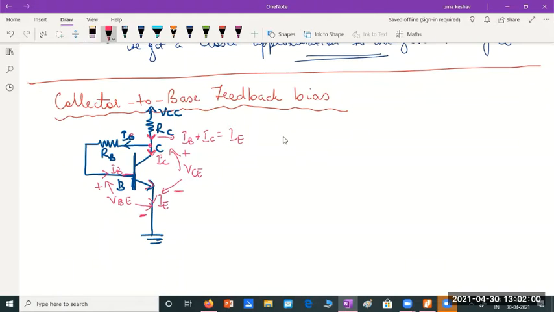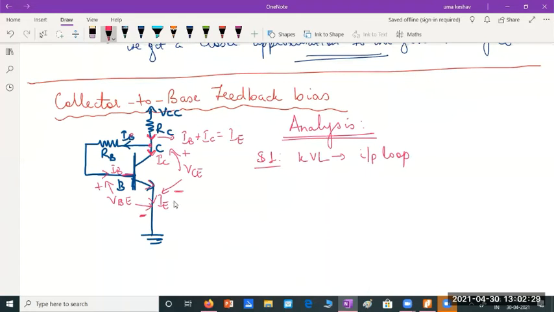Okay, and now let's try to do the analysis. As usual, you should write the expression for IB and IE. We'll consider IE also because that is used in design, and then IC and VCE. So first step involves writing KVL to the input loop.